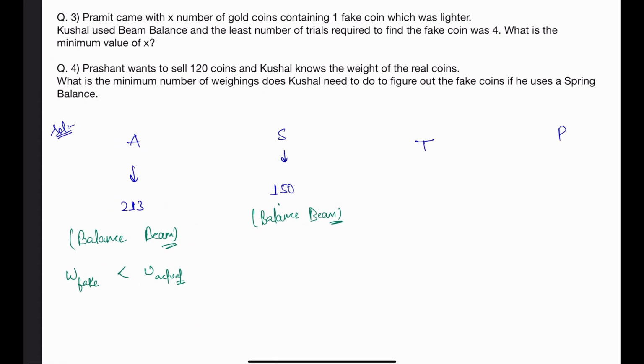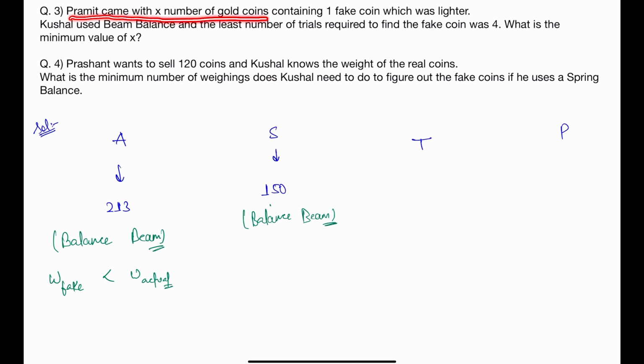Now coming to the next: Pramit came with X number of gold coins containing one fake coin which was lighter. So we know that the weight of the fake is lighter than the weight of the actual in this case. Kushal needs to use a beam balance.